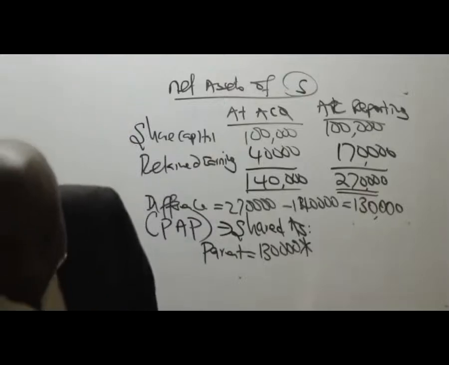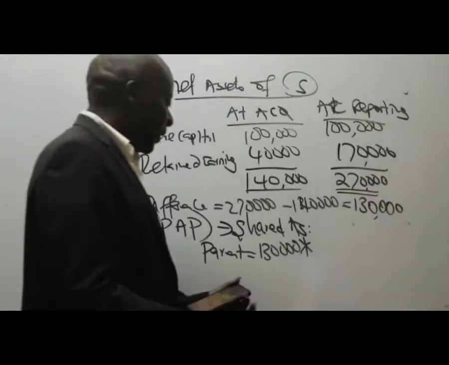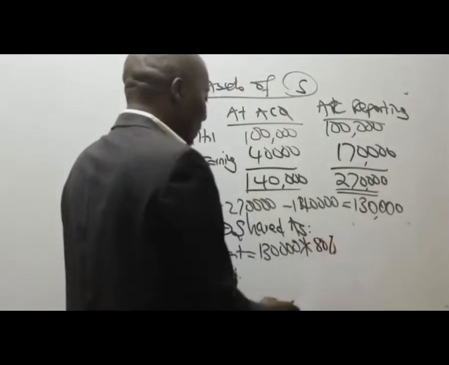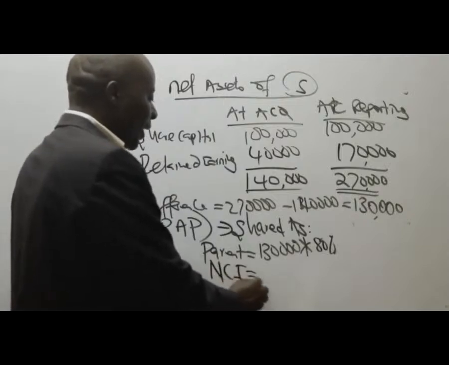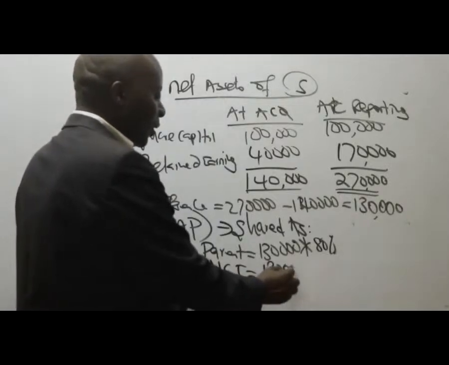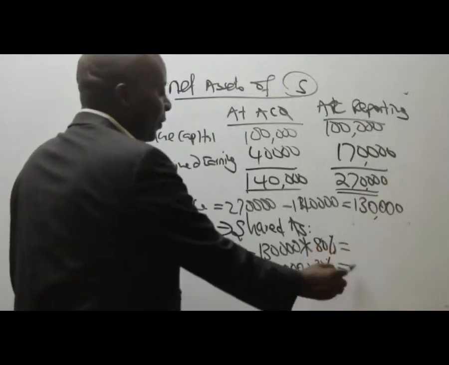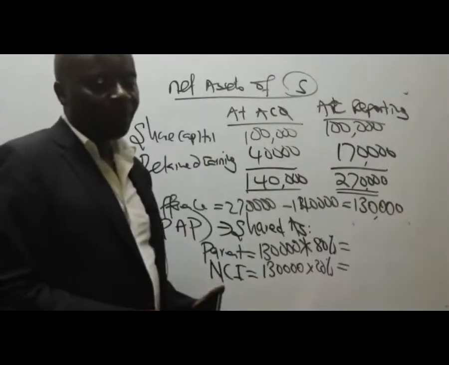Times 80%. So 130,000 times 80%. And then the other guy gets what percentage here? NCI will be 130,000 times 20%. Please give me these figures.